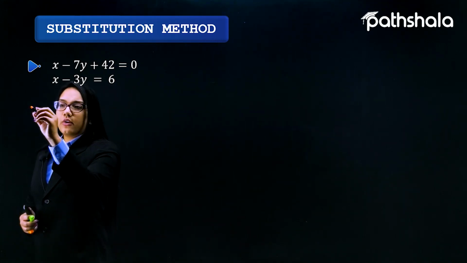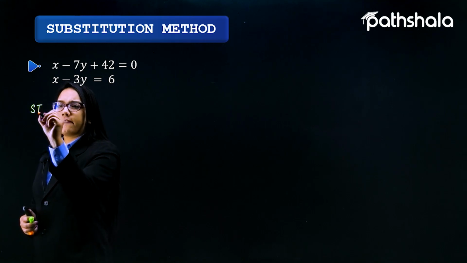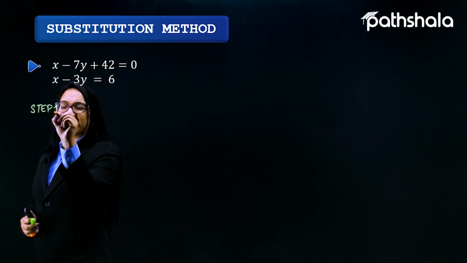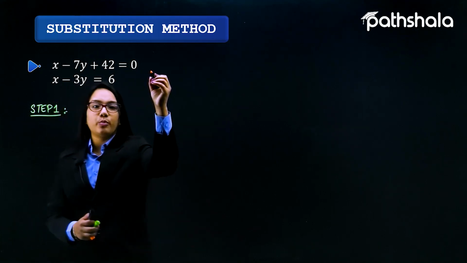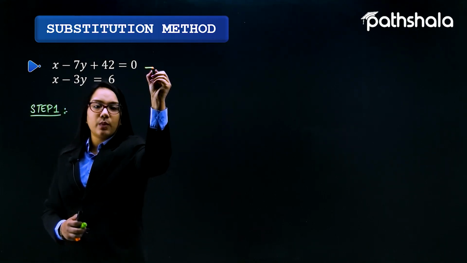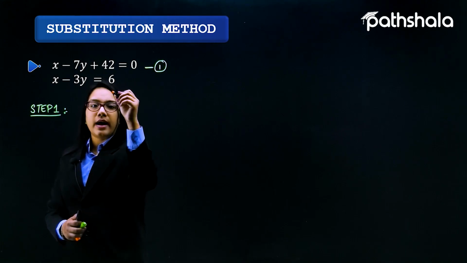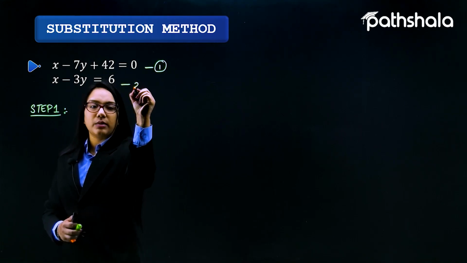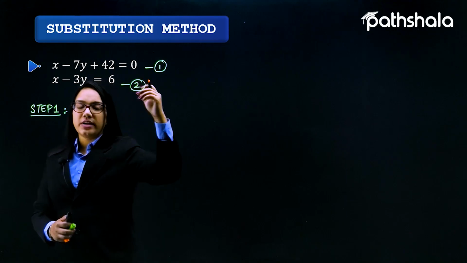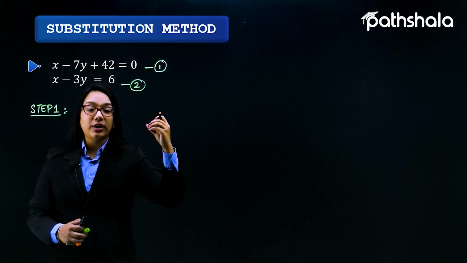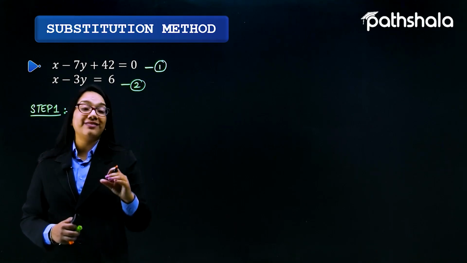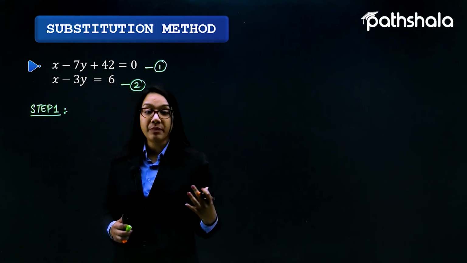First of all, we have step number 1, which says that you have to convert the equation. Let us suppose I'm taking this equation as 1, and this equation as 2. It's your choice whichever equation you want to take first, but always try to take the equation which is in the simplest form first.